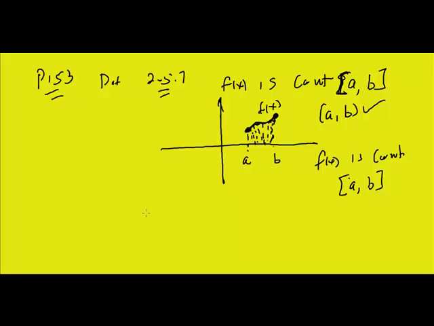Then we have another theorem, the intermediate value theorem. This shows up all the time on the AP test, so make sure you understand what's going on here. I'm on page 154, and it's not that hard.